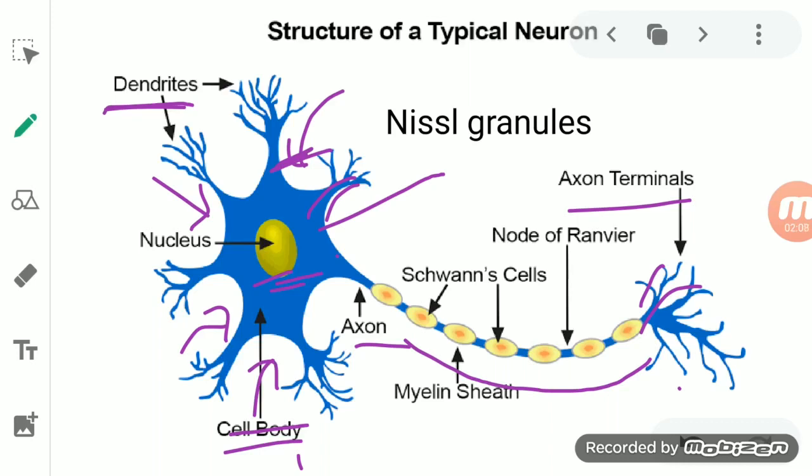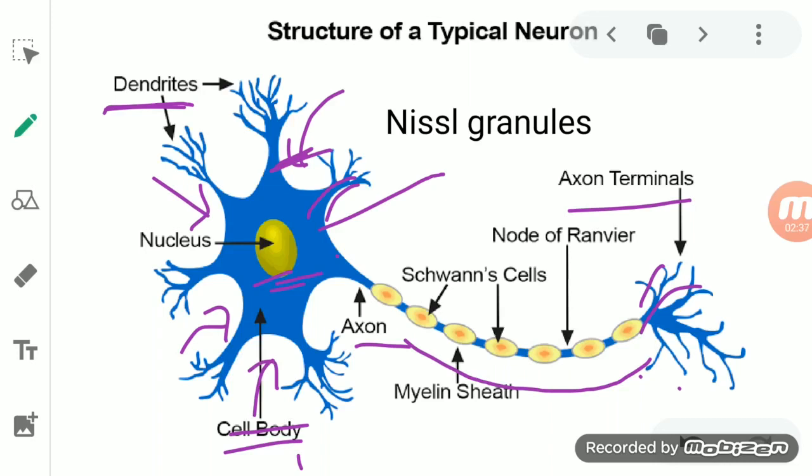Now each such twig-like branch of the axon ends in a swollen structure like the synaptic knob or button. These buttons present in the axons contain different vesicles, and these mainly consist of neurotransmitters.